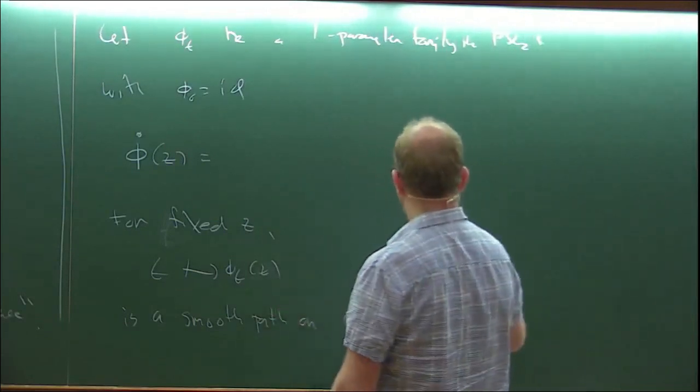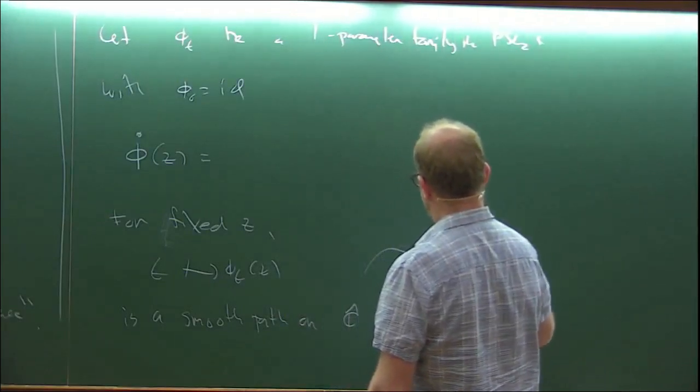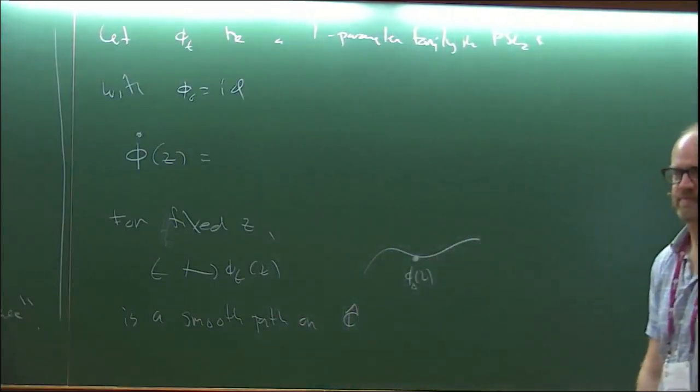So I fix z, and then here is phi 0 of z, and then this just traces out a path on the Riemann sphere.